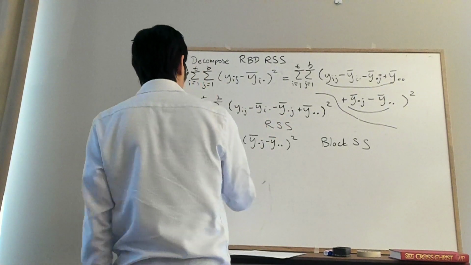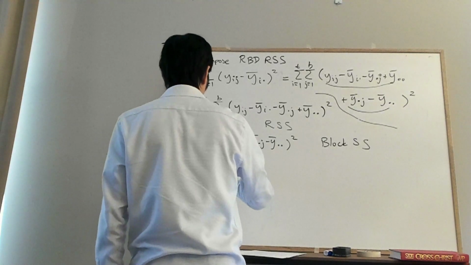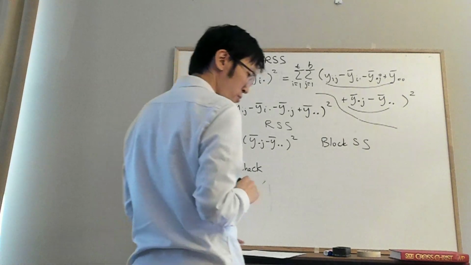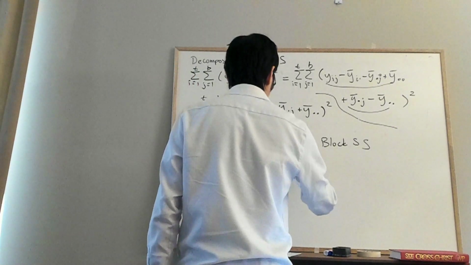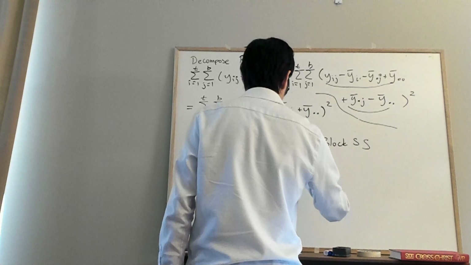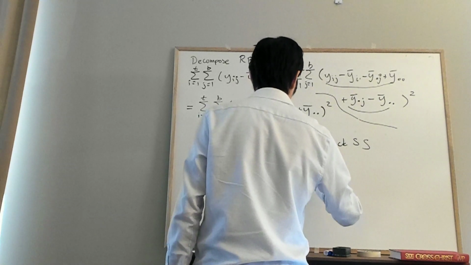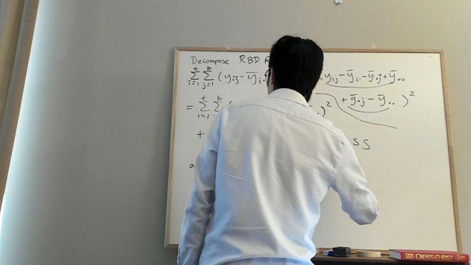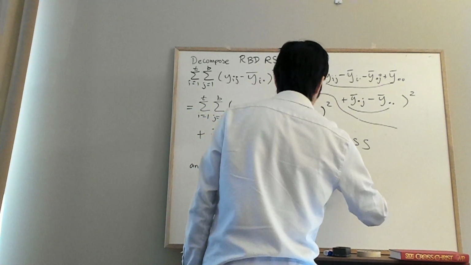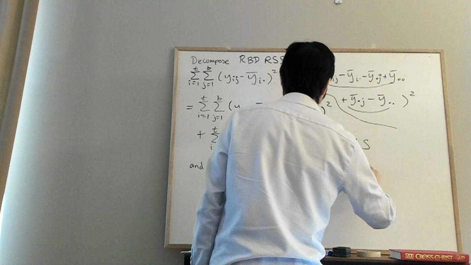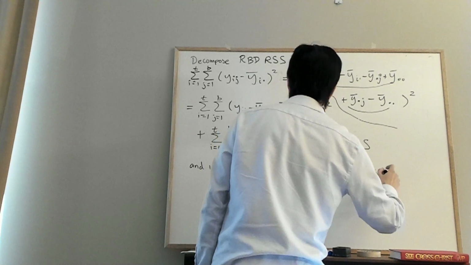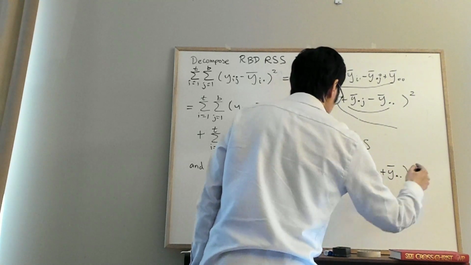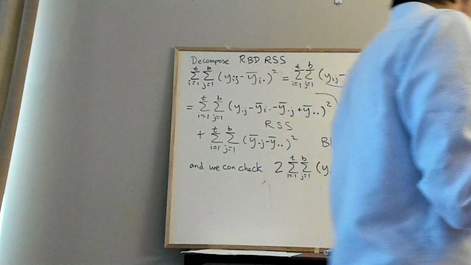Okay, and we can check. So the 2ab term looks like this. It has this residual part times the block part.